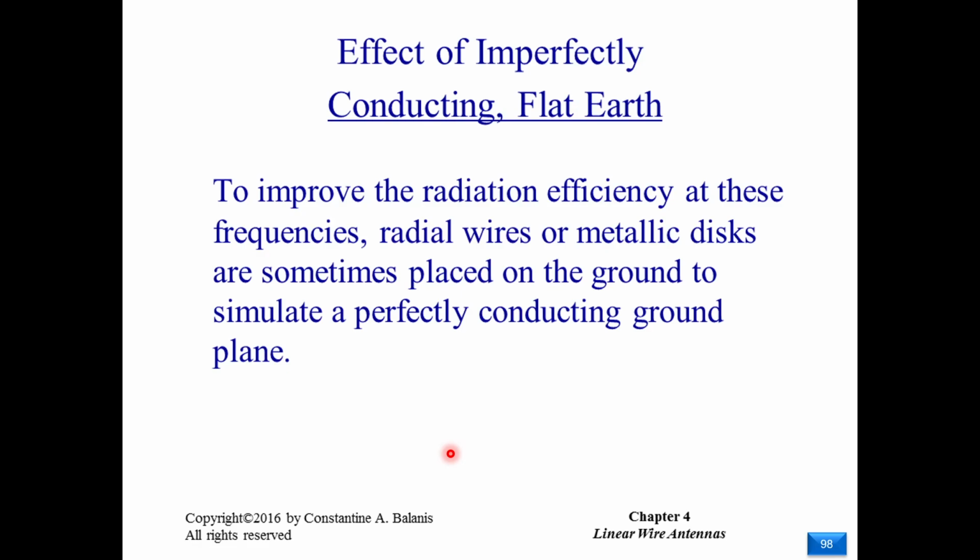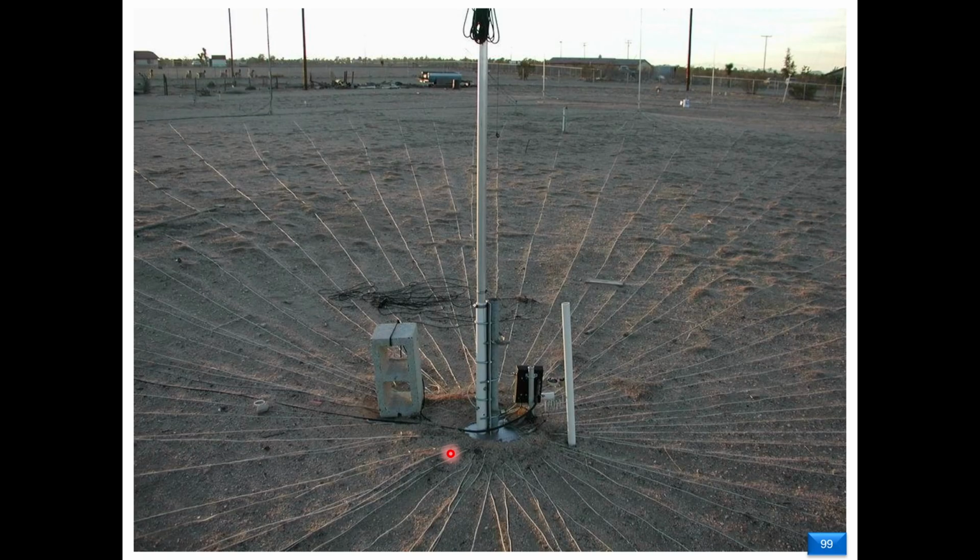There are differences, and many times we put a net of conducting wires on the ground so that we enhance the performance of the ground as a perfect conductor. If the conductivity is limited, when we do this we can make it closer to a perfect conductor.